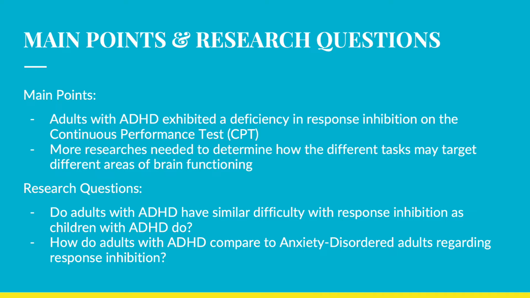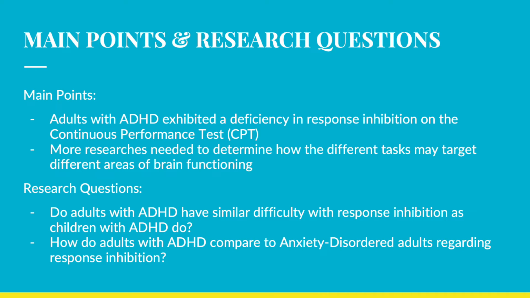However, because the participants with ADHD only performed with deficits on the CPT and not the other two tests, more research should focus on how different neuropsychological tests or tasks target different areas of brain functioning. It is possible that the participants with ADHD perform with deficits in response inhibition because of the type of task the test asked the participants to perform.